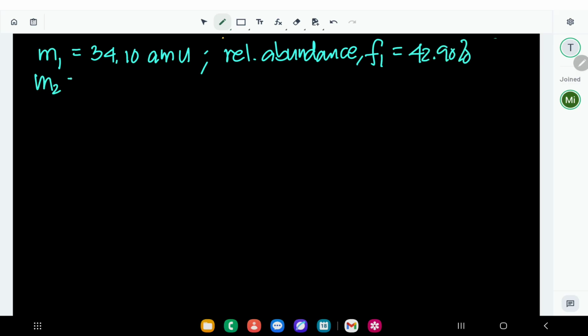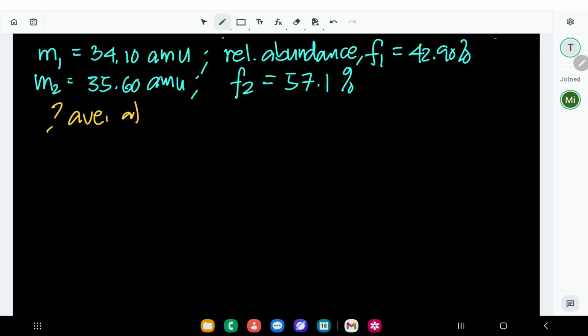The mass of the second isotope is 35.60 atomic mass unit, and its relative abundance, F sub 2, is 57.1%. So no problem.